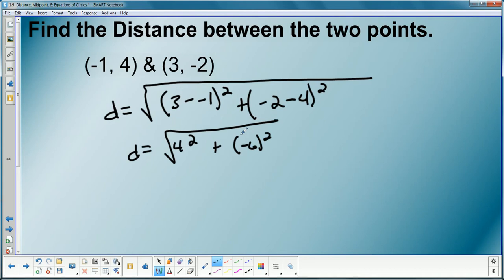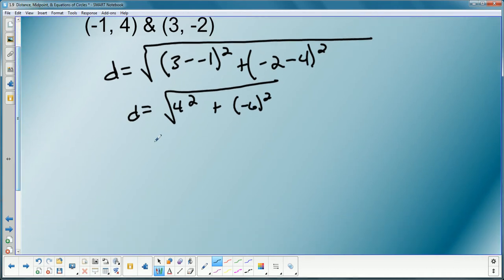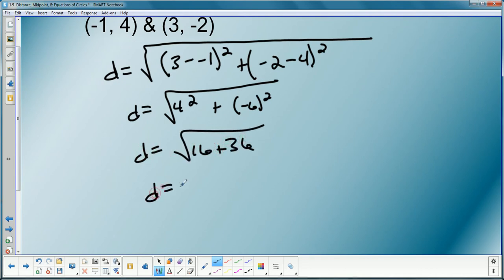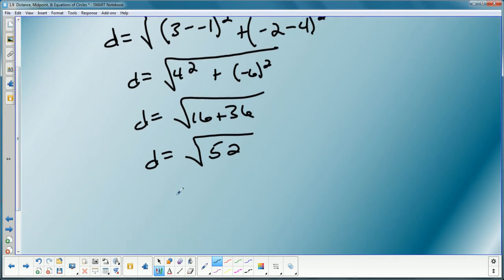Remember, this needs to be in parentheses, otherwise you're going to have issues when you get negatives. So we'll have the square root of 16 plus 36, and that's going to give us the square root of 52. Okay, and then you can plug that in your calculator, get a decimal approximation. It should be probably maybe about 7.1 or 7.2. If you left it as just a square root of 52, that would be better.